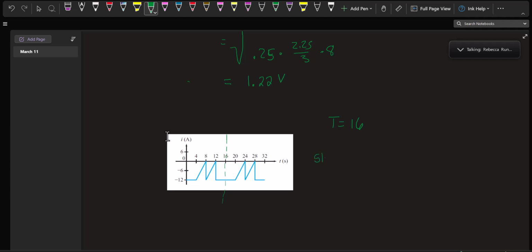So they have slope 3, and then the first one, if we think about where its y-intercept would be, from 8 to 4, it goes down 12, so it'd go down 12 more.